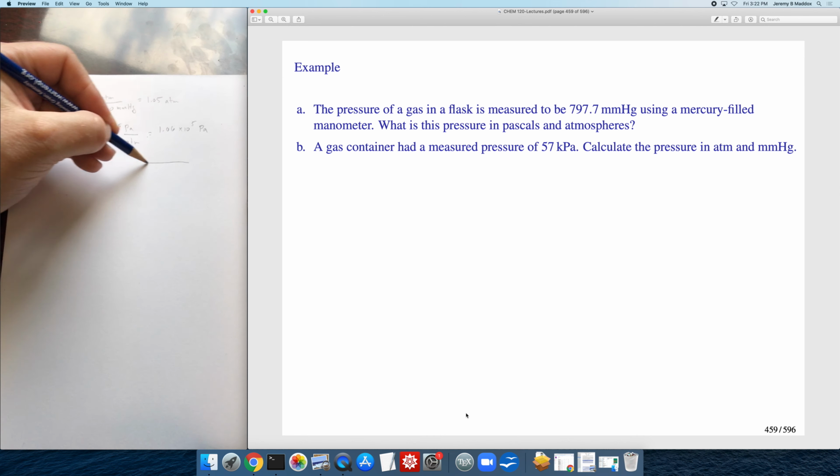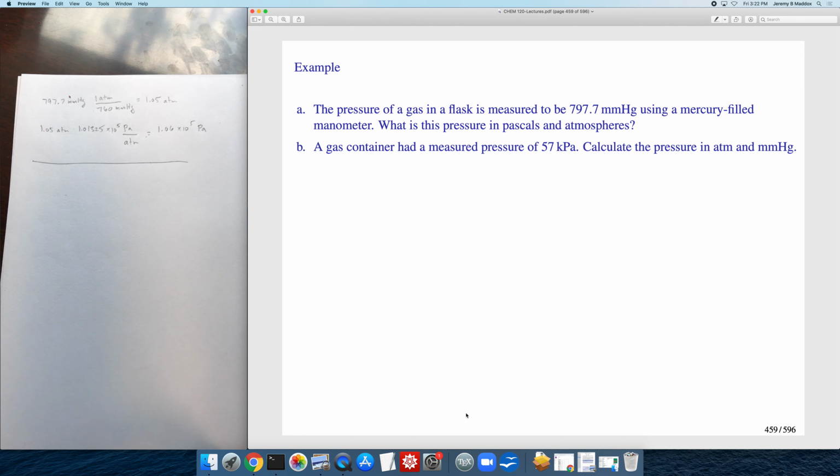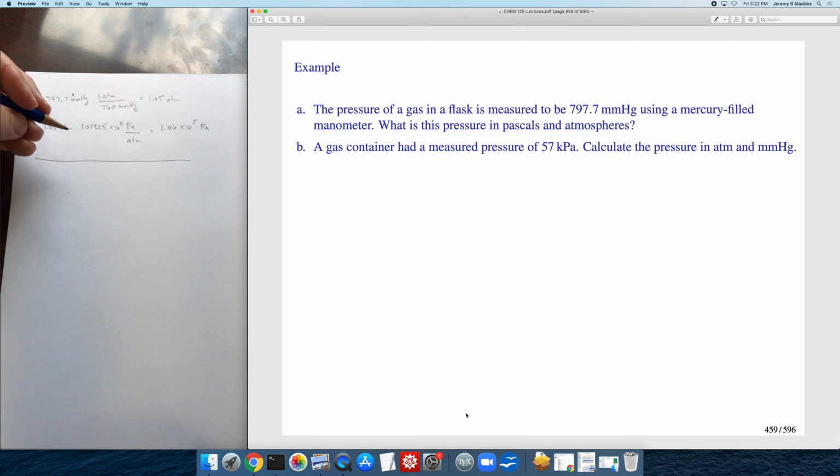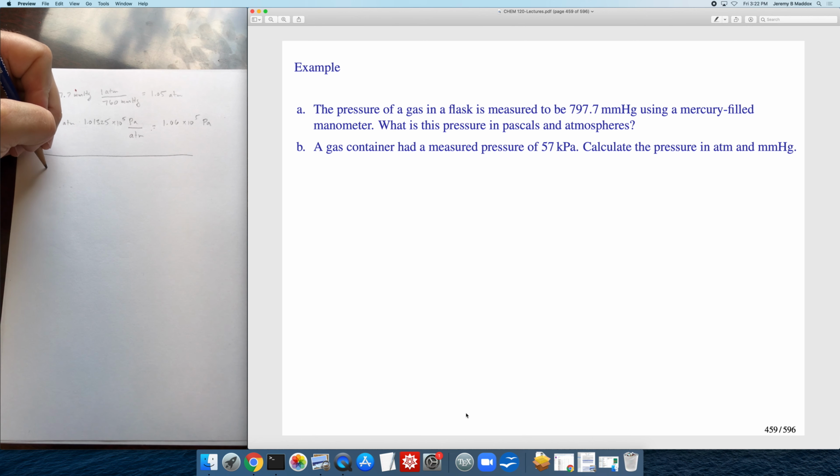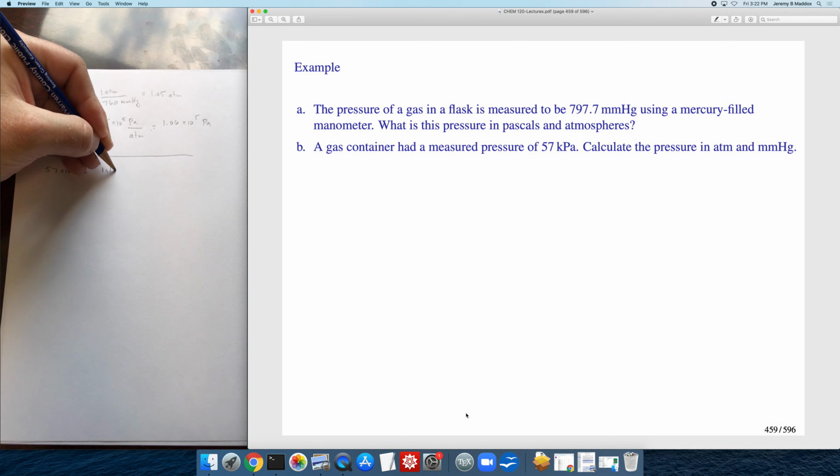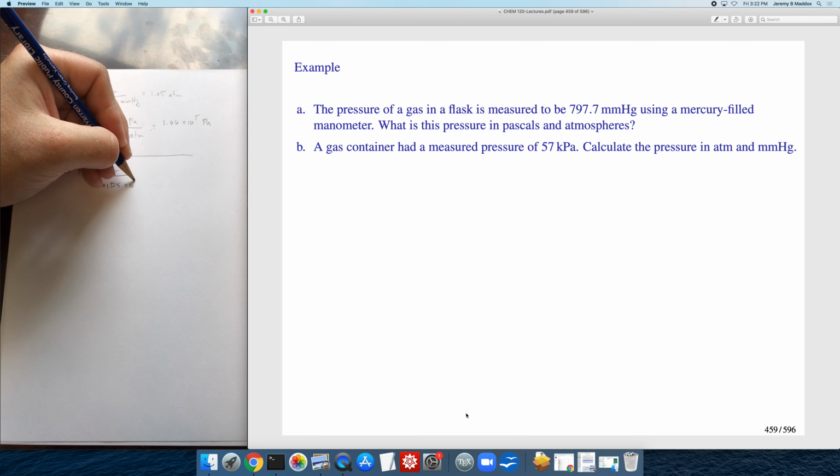For the follow-up problem, we're being asked to convert kilopascals back to atmospheres and then to millimeters of mercury. So we'll take the 57 times 10 to the 3 pascals, and this time we will say that 1 atmosphere on top is 1.01325 times 10 to the 5th pascals.